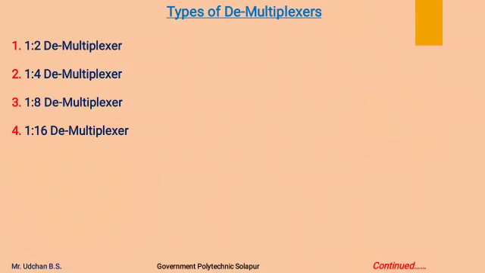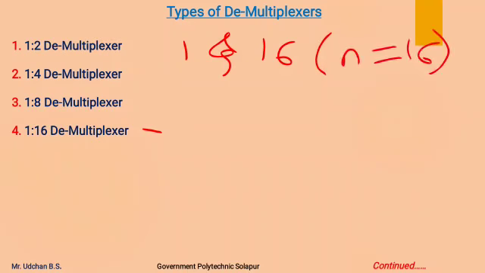The next demultiplexer type is the 1:16 demultiplexer, which has a single input and 16 output lines. That is, here n is 16. So again we can find the number of select lines using this formula.